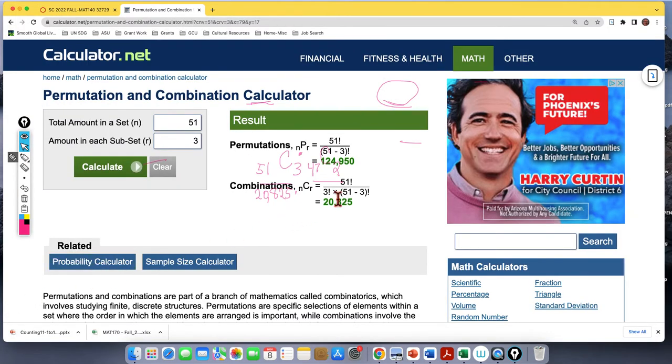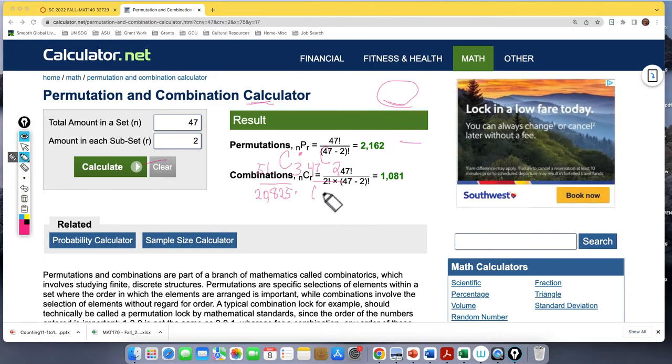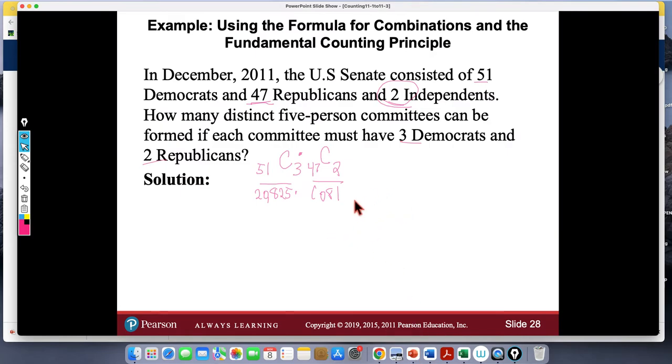And then we have 47 choose 2 for the Republicans. And that's 1,081. And so if I multiply those two numbers out, that gives me the total number of different types of committees.